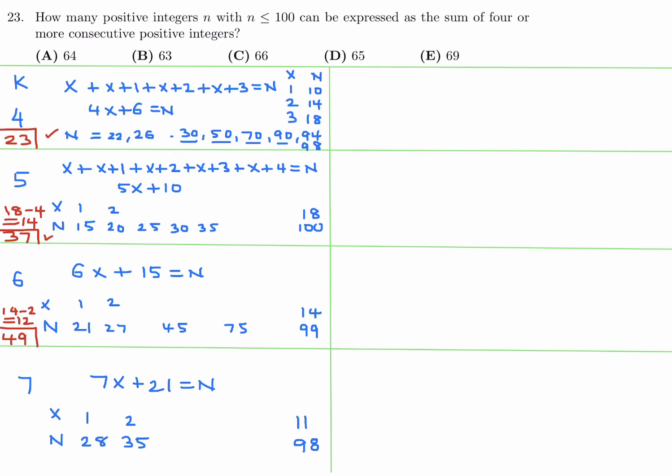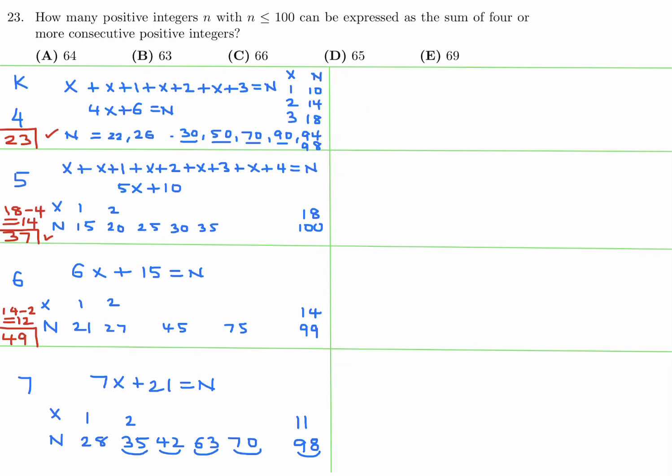But again, as before, are there any doubles? And the answer is yes, there are. First, let me write out some of those guys. I'm just going to write out the ones that are doubles. 42, 63, 70. So the ones that I've already counted before, this guy, the 42, the 63, the 70, and the 98, all of these appear up here somewhere.